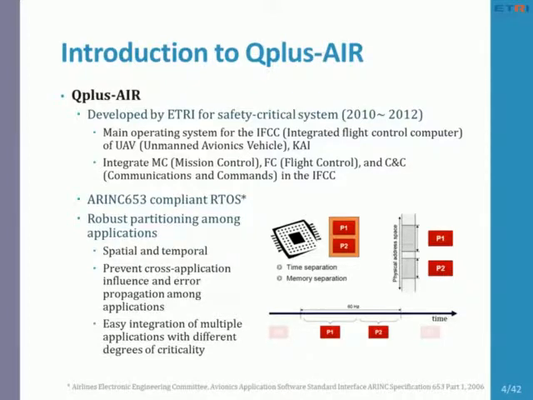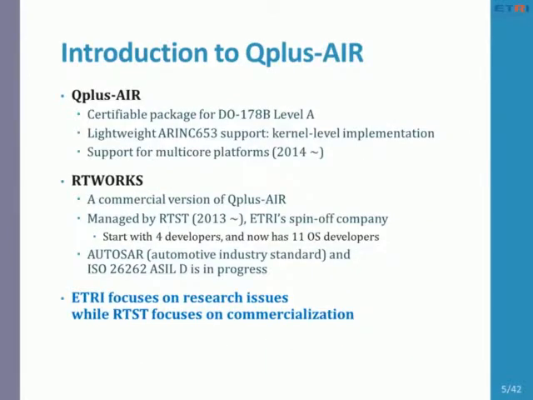With the support of partitioning, we can integrate multiple applications with different degrees of criticality, as I said: mission control, flight control, and commands and communications in one system. Another requirement of our client was certification.